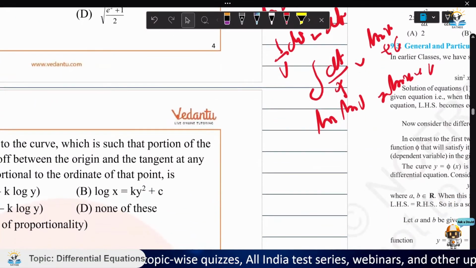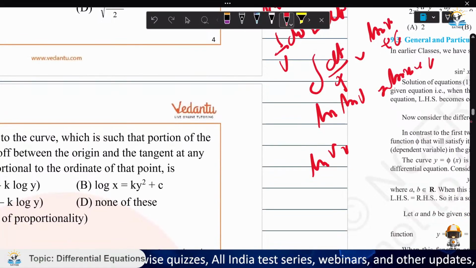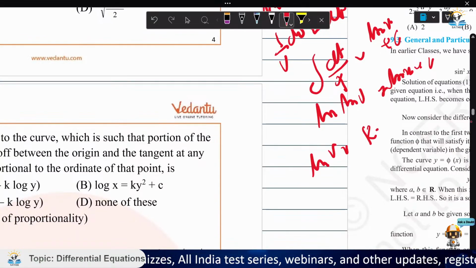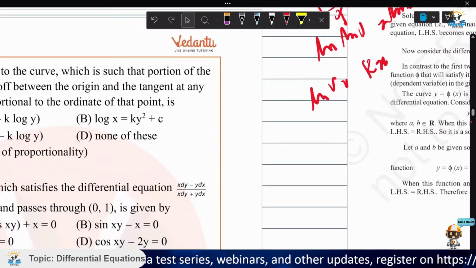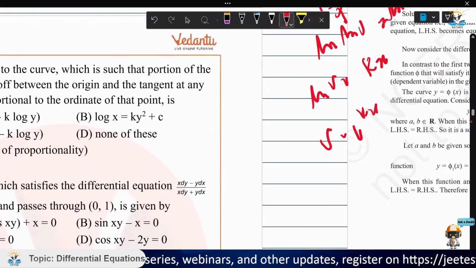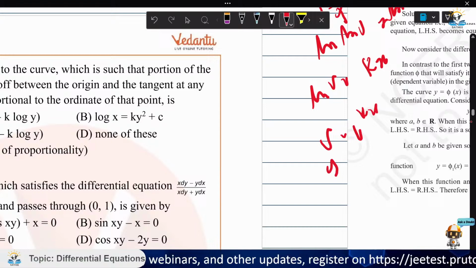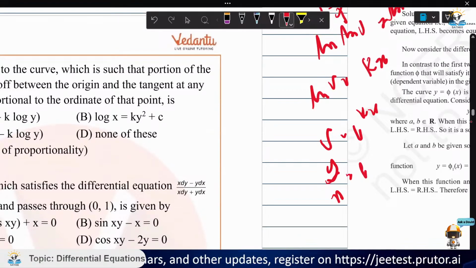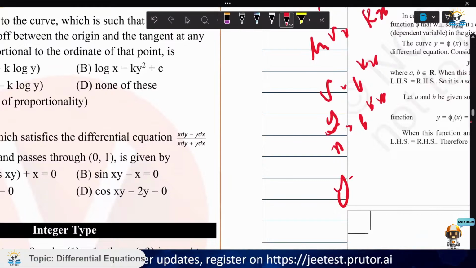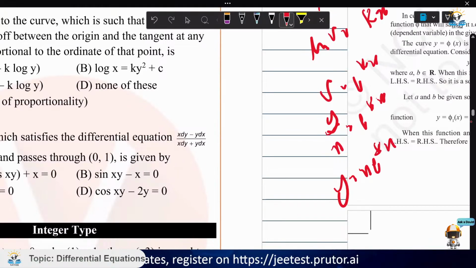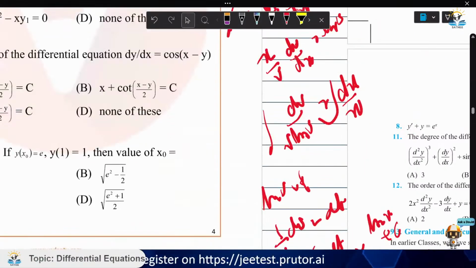So we can write it as ln v is equal to kx. K is again another constant. And then we have v is equal to e to the power kx. And v was our y by x. So y by x is equal to e to the power kx. So y becomes x e to the power kx, where k is an arbitrary constant.